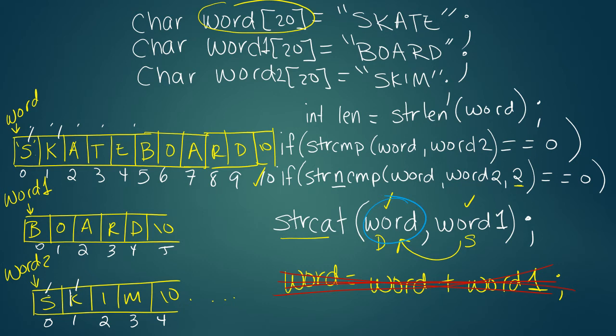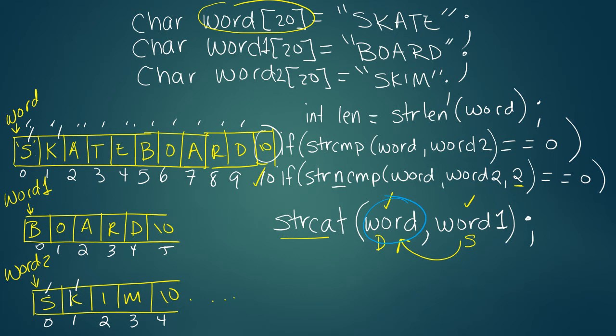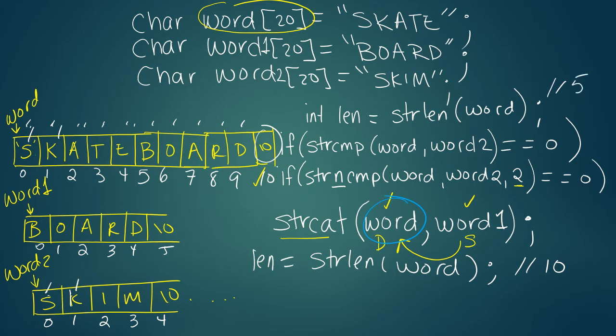So skateboard should have 10 letters. 1, 2, 3, 4, 5, 6, 7, 8, 9, 10. And then if I said, I'm going to erase that because you're not allowed to do that. Length equals string length of word, it will no longer be 5, it will now be 10. When before I did the concatenation, it was 5.